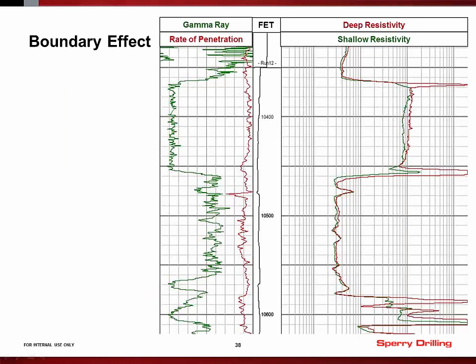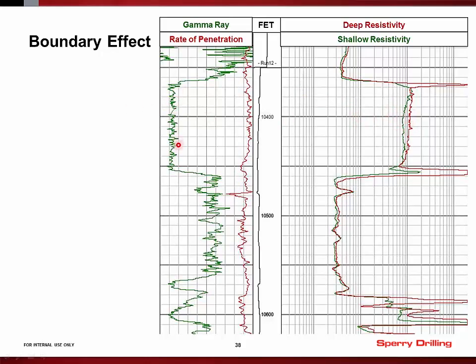Now here's quite a nice example of a boundary effect on the resistivity. The resistivity curves are shown in the right-hand track. I've just got two curves shown, shallow and deep resistivity. These are from the EWR Phase 4 tool. On the left, I've got gamma ray data, and the red curve there is the rate of penetration, the ROP. The important thing to notice here is that we've gone from a high resistivity formation.